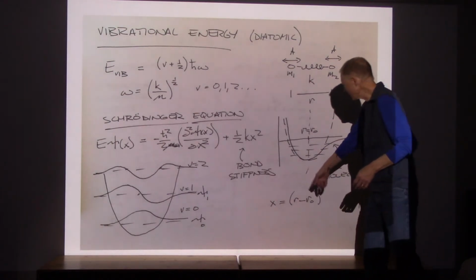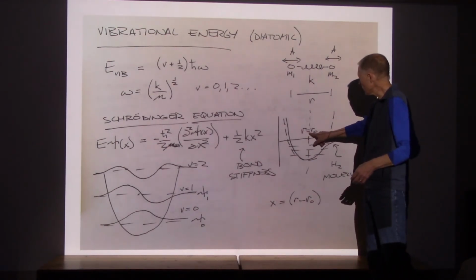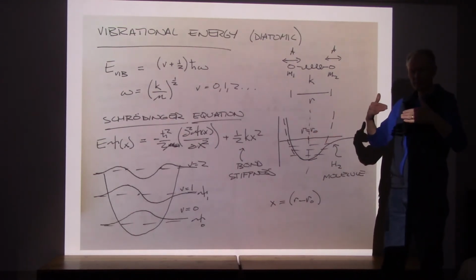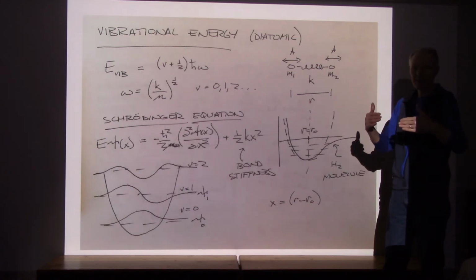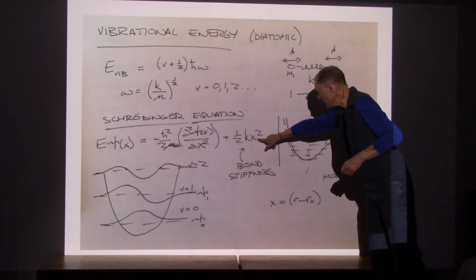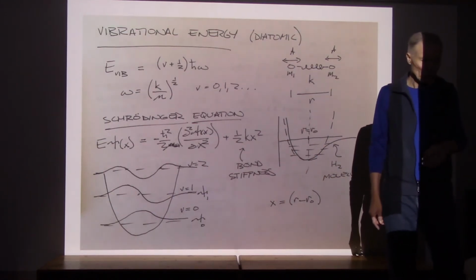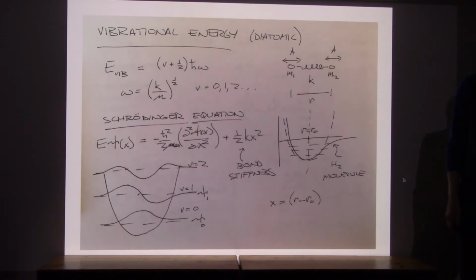Okay, and here I've outlined what happens. Right here in the middle is where the bond length is equal to the designated official bond length, the average value. And then the x in 1/2 kx squared is how far we've departed from the equilibrium position.